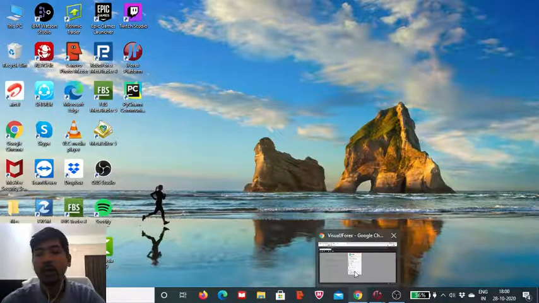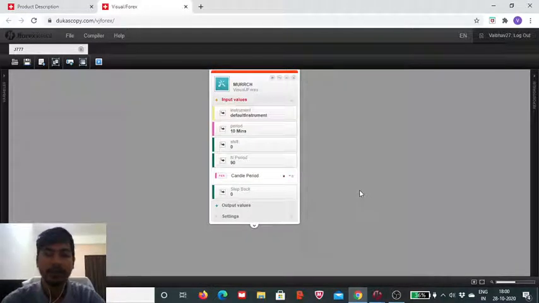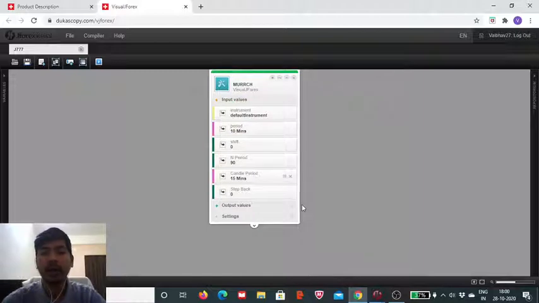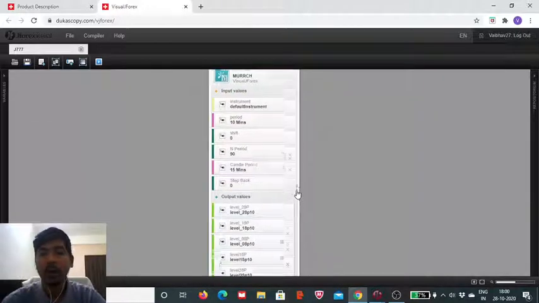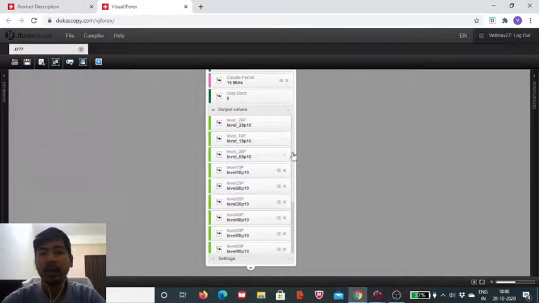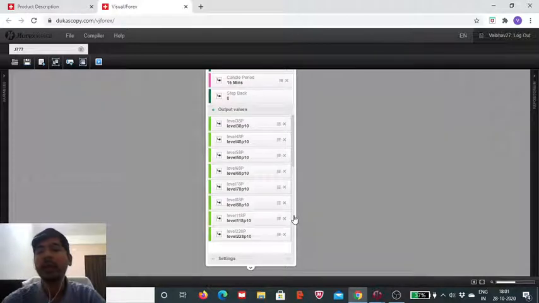Mostly on the Visual JForex board, you have to define this parameter also. As I said, depending on your time horizon for the trade, you have to choose a particular time horizon, and then we have all the 13 levels of outputs. You can use other output values also, and minor resistance is expected on the lines above 5th out of 8, and minor support is expected on the lines below 4th out of 8.